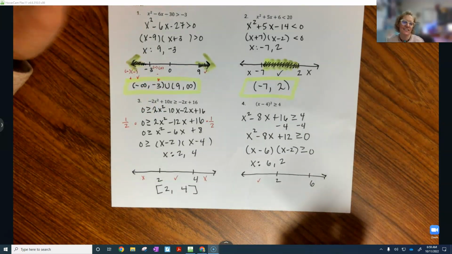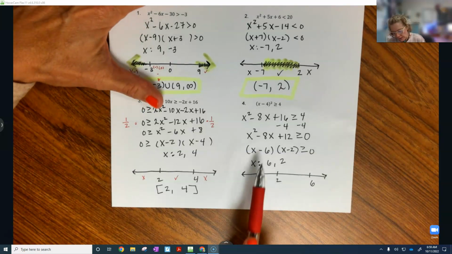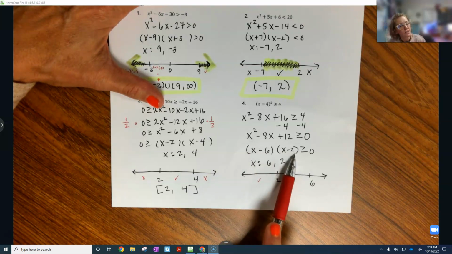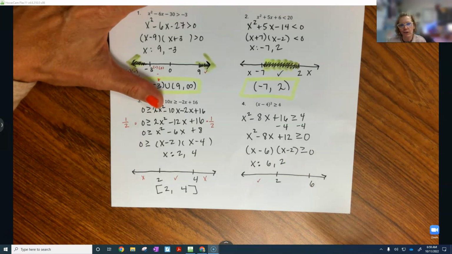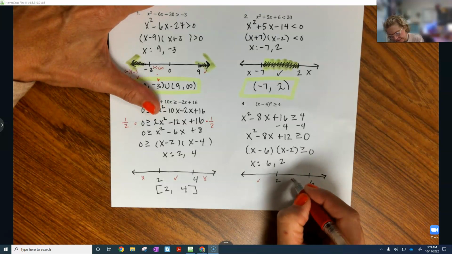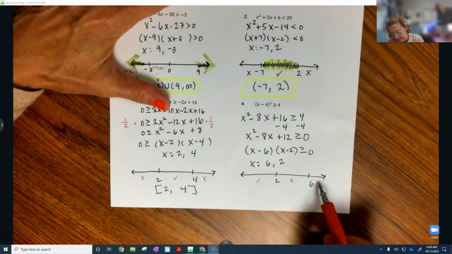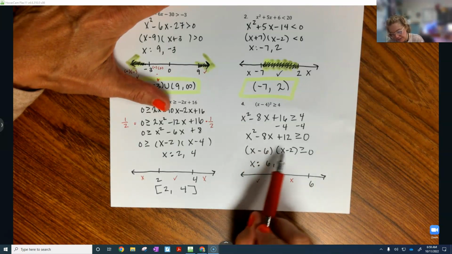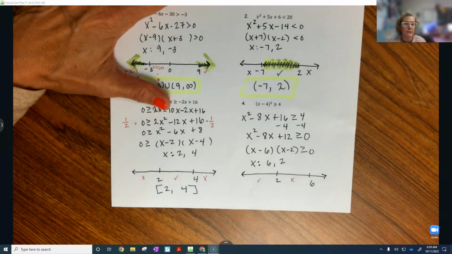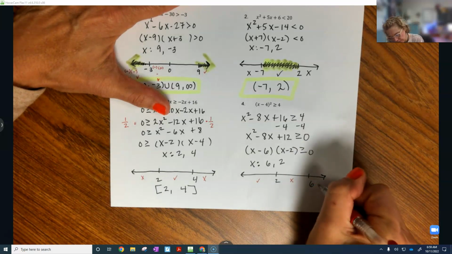In between 2 and 6, I'll just plug in 3. When I plug in 3, this is going to be a negative number, and that's going to be a positive number. Negative times a positive is a negative, not greater or equal to 0, so that's going to be a false section. And then, of course, if I plug in anything greater than a 6, both of these are going to be positive numbers multiplied together, which is what we want.